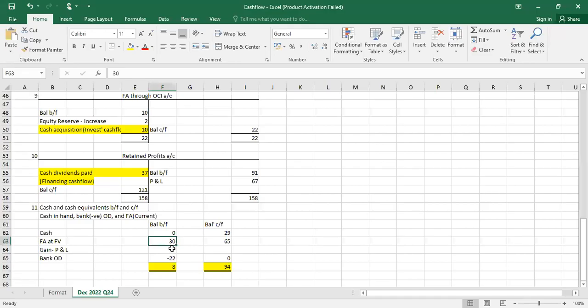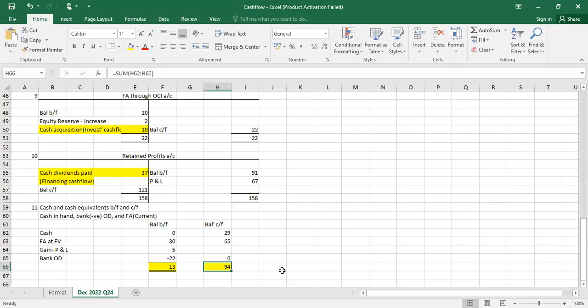So under this brought forward, we shall say that we have 5. If I do that, the brought forward figure is 13, and the carried forward figure is 94. So with that, we have completely adjusted for the financial assets and their gain, which was in the P&L.